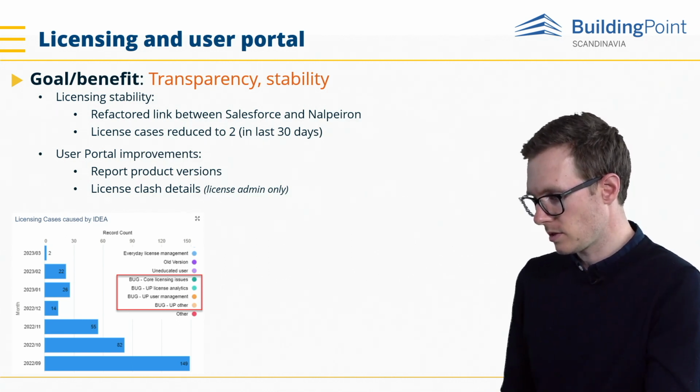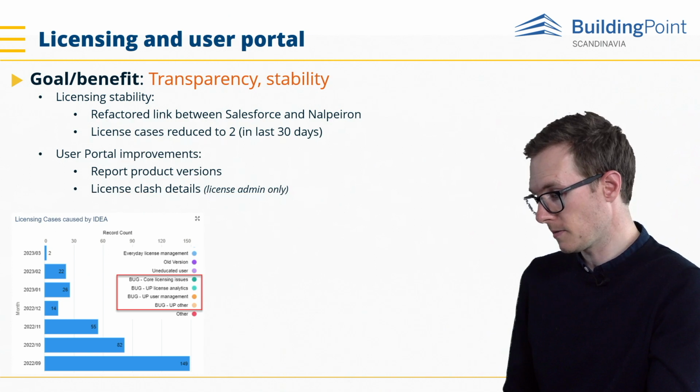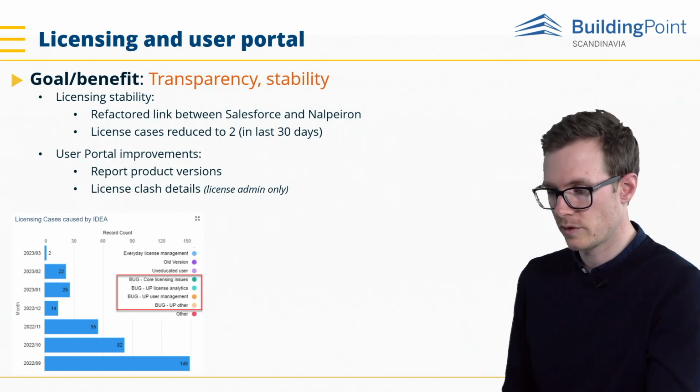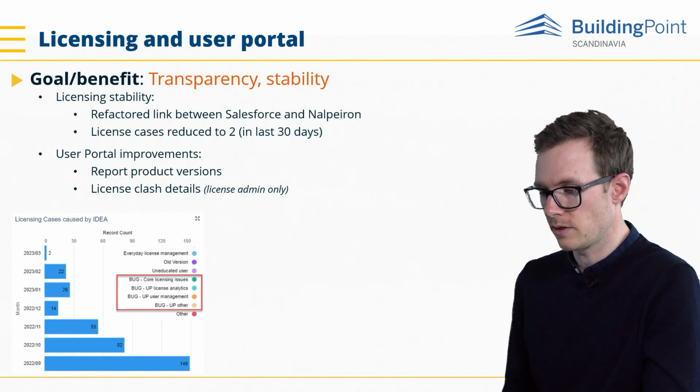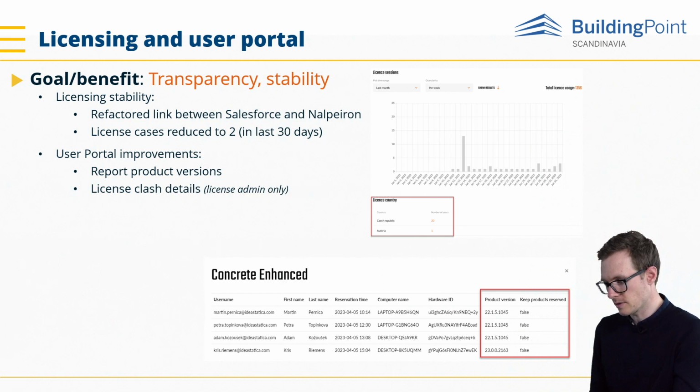So the license admin can see what version the users are using, and if keep products reserved is on or off. That's a very good tool for the admins. It looks like this for the admins in that case.